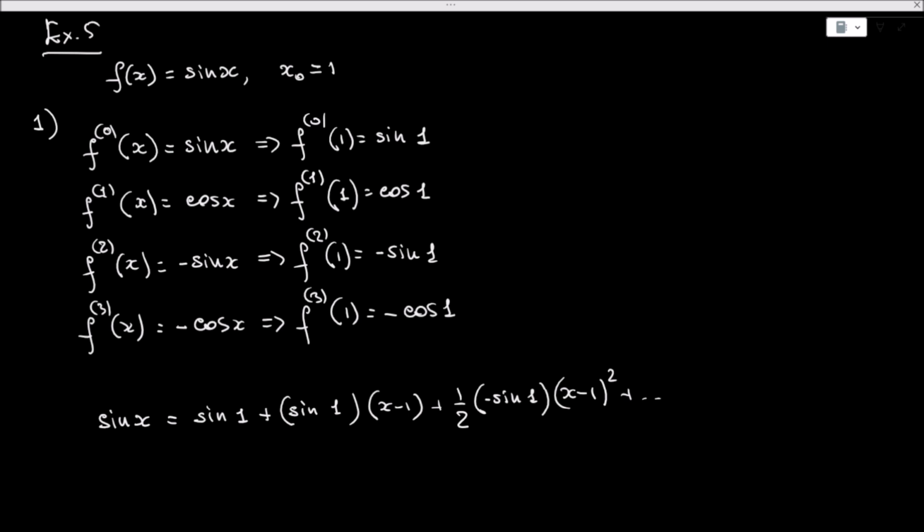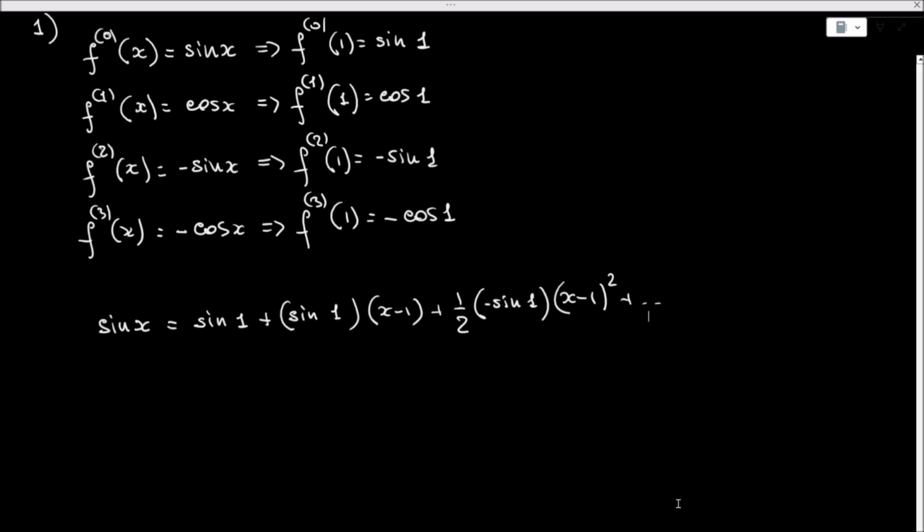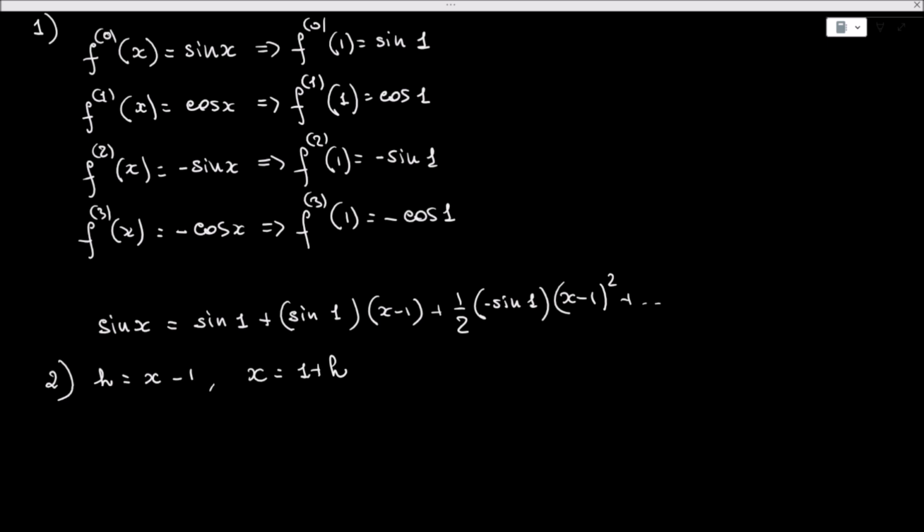Now, the second option would be to refer to the increment h, which is x minus 1, which implies, of course, that x is equal to 1 plus h, right? So when evaluating sine of x, this would be just like writing sine of 1 plus h.